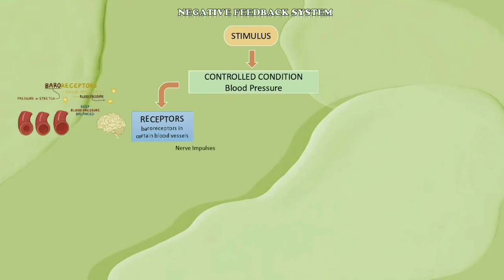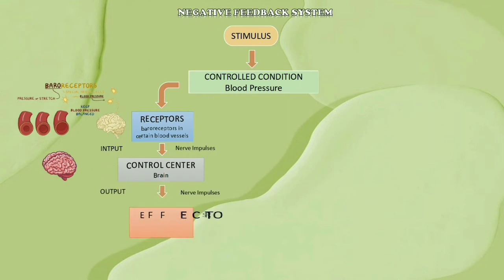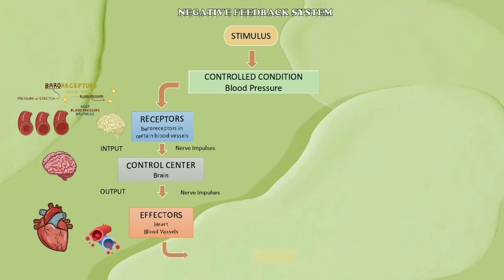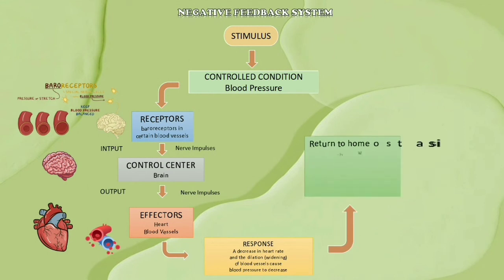The baroreceptors send nerve impulses, or an input, to the brain as the control center, which interprets the impulses and responds by sending nerve impulses as an output to the heart and blood vessels, which are the effectors. Heart rate decreases and blood vessels dilate, or widen, which causes blood pressure to decrease, known as the response. This sequence of events quickly returns the controlled condition, blood pressure, to normal, and homeostasis is restored.